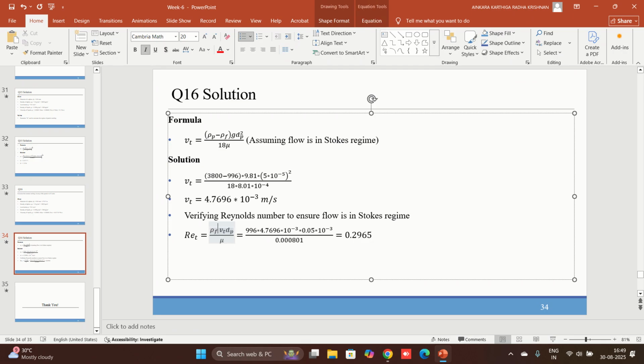Rho F Vt dp by mu is the Reynolds number formula, and rho F is 996 into Vt is 4.7696 into 10 power minus 3 into 5 into 10 power minus 5 divided by 8.01 into 10 power 4. So it is 0.2965, that is right. So we will change here and all.